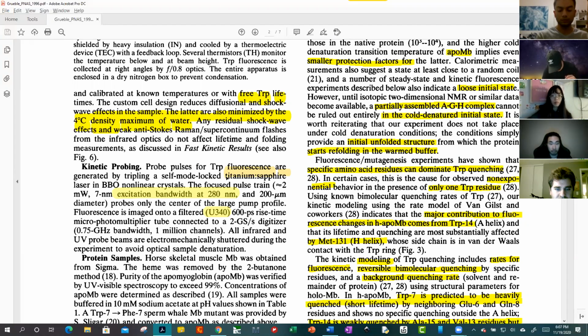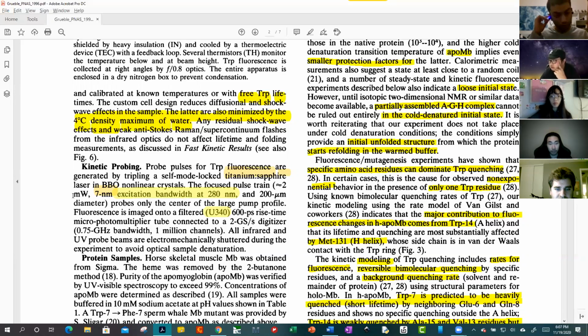And so they are exciting around 280 nanometers plus or minus 7 nanometers, right? The bandwidth is 280 plus or minus 7, so it's probably 277 to 283 or so, right?